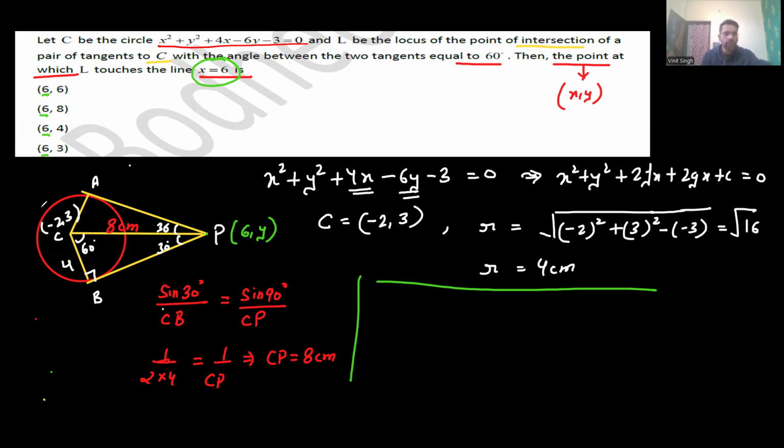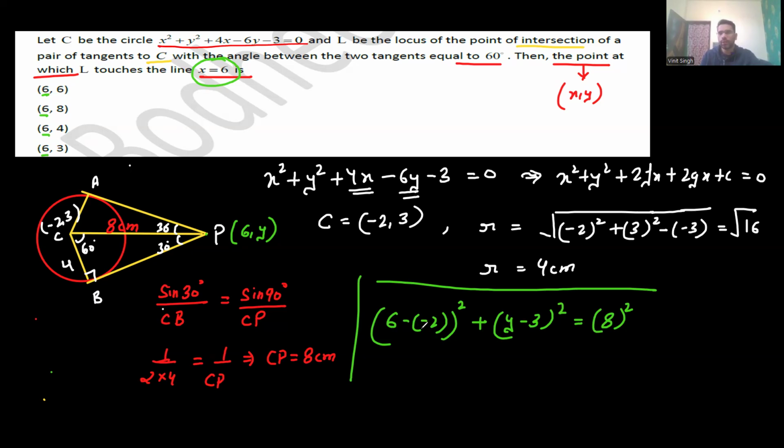Clear? It means (6 - (-2)) whole square plus (y - 3) whole square is equal to the square of the length. The length is 8.